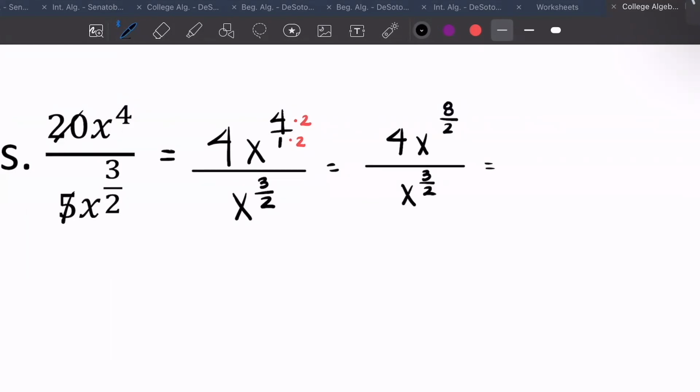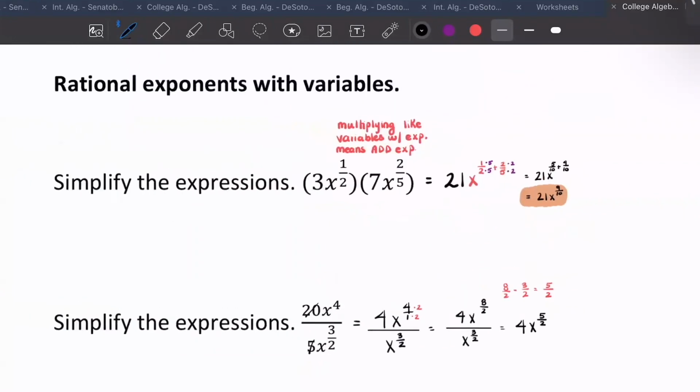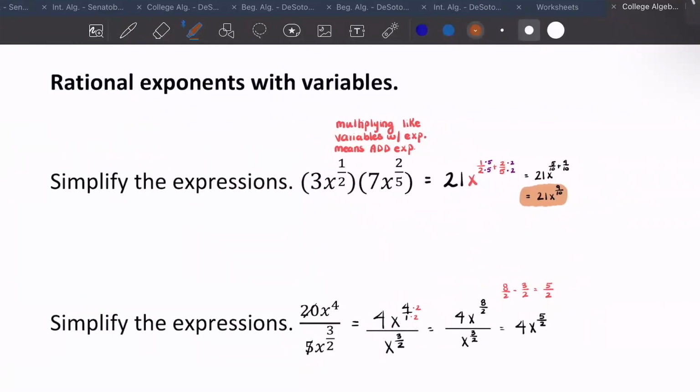So now we're saying 8 over 2 minus 3/2. Let's subtract those numerators and get 5/2. So we get 4x to the 5/2. I'll highlight my answer. So just taking that concept of multiplying and dividing these to the next step with throwing in some rational exponents instead of whole number exponents.